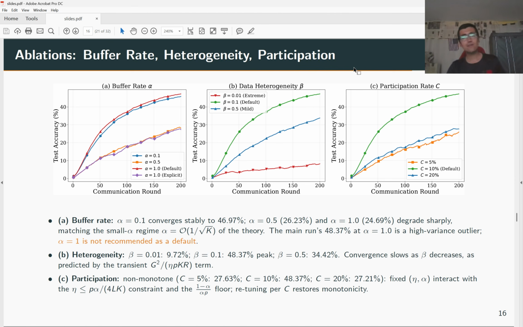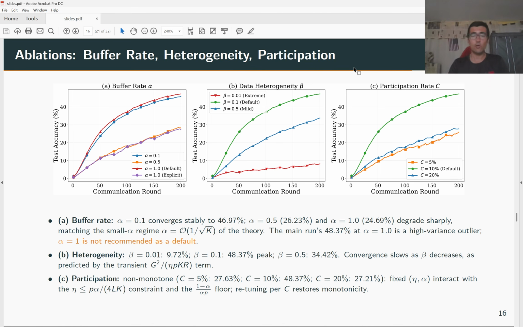In panel A, the buffer rate in independent ablation runs, the small buffer rate alpha equals 0.1 holds stably at about 47%, while alpha equals 0.5 and alpha equals 1 degrade sharply, down in the mid-20s. That's exactly the small alpha regime our theory favors.